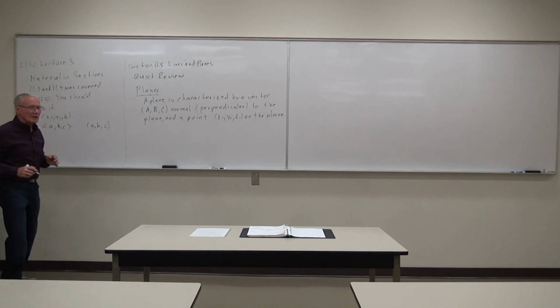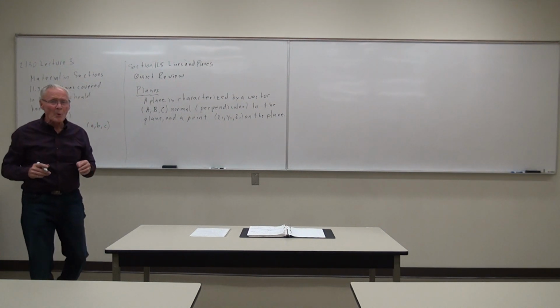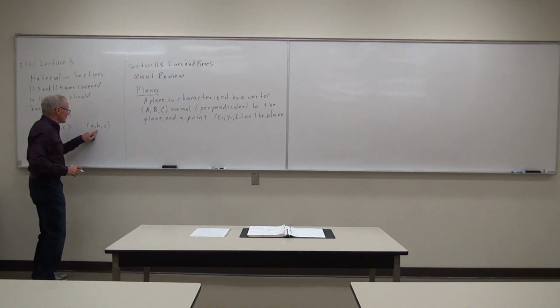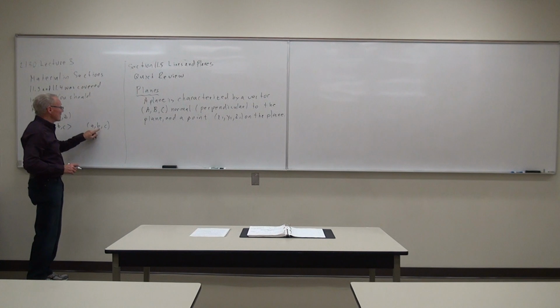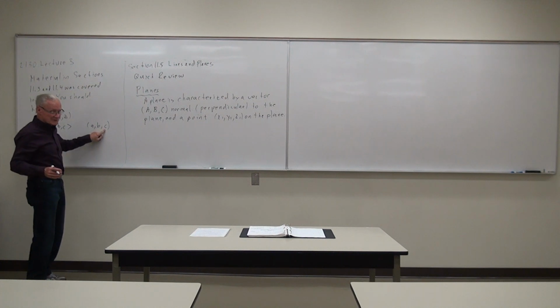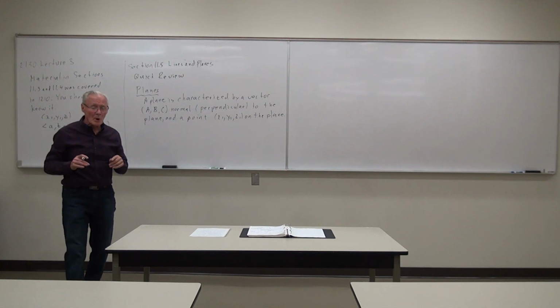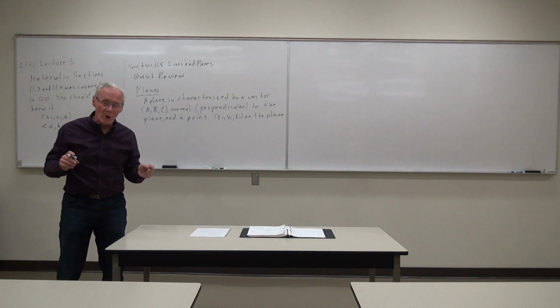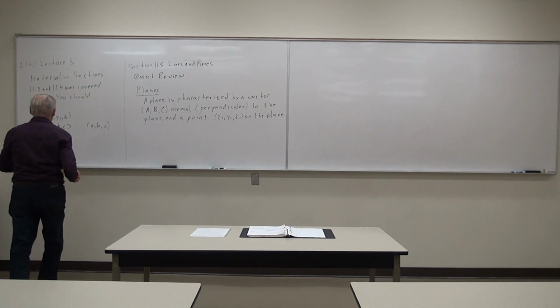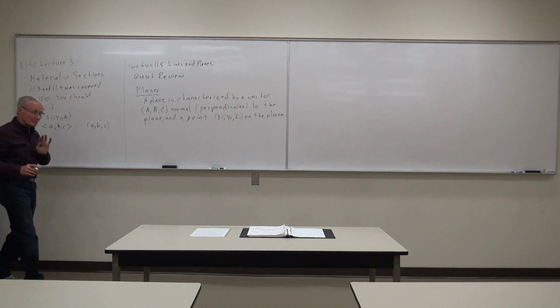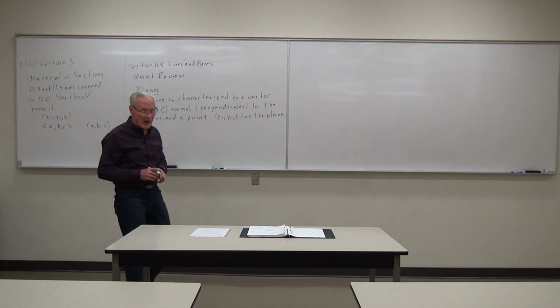It's up to the context to tell you whether you're talking about the coordinates of a point (a, b, c) or the components of a vector (a, b, c). Context, again, will always make it clear what we're talking about, but we no longer have this special notation that we had last year in 1210 for components of vectors. Do be aware of that.